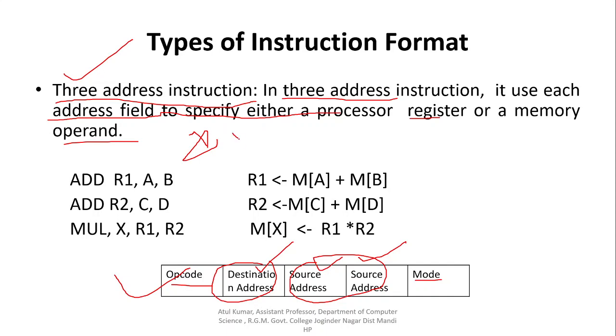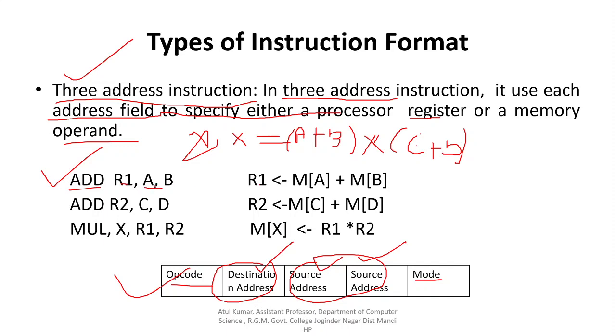So we have X is equal to A plus B multiply C plus D. So as we use 3 addresses, the first instruction is add R1 comma A comma B.